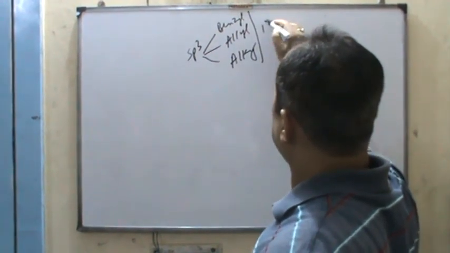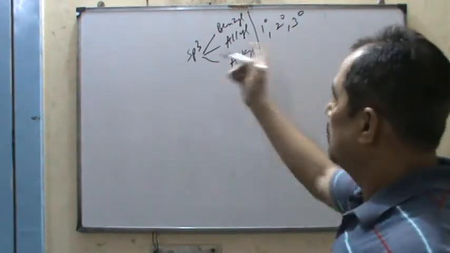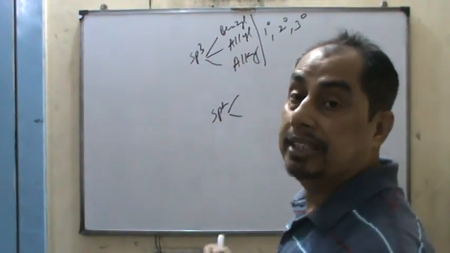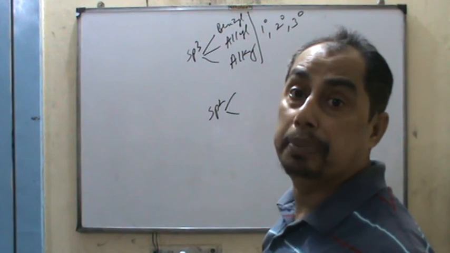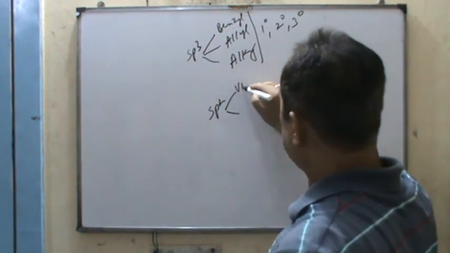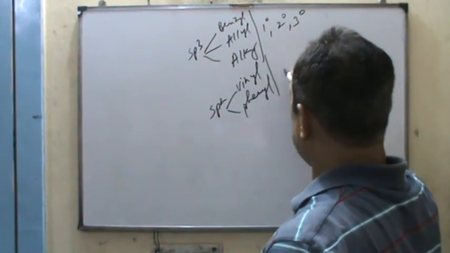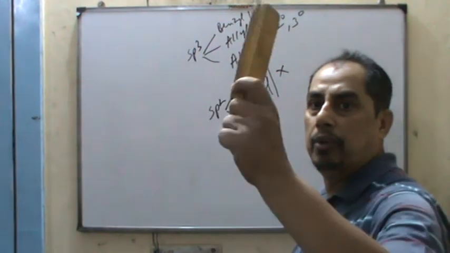All are 1 degree, 2 degree and what degree? 3 degree. Right? sp2 radicals represent only two. What is there? sp2, yes, vinyl and phenyl. Vinyl radical and phenyl radical. And there are no types such as 1 degree, 2 degree and what? 3 degree.